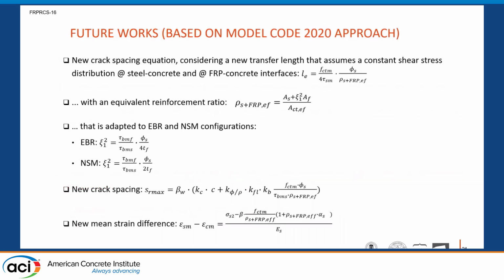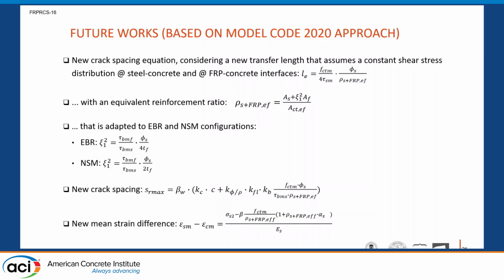Just to show the future works that we are carrying out in the FIB Task Group 2.1, we are proposing a new transfer length that is based on the same concepts as before, but assuming a new equivalent reinforcement ratio that considers both reinforcements.